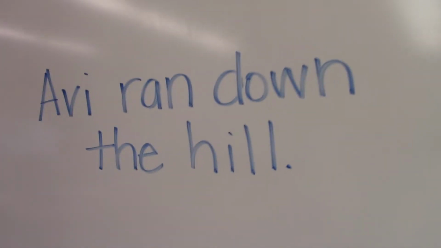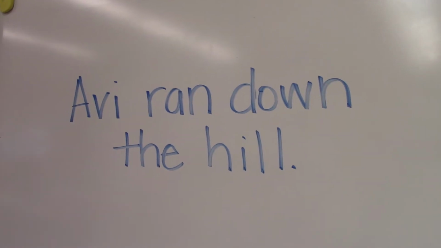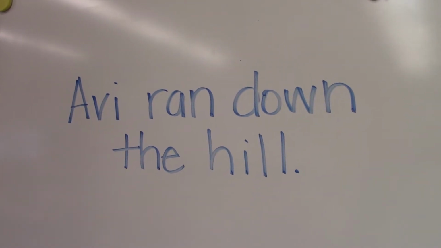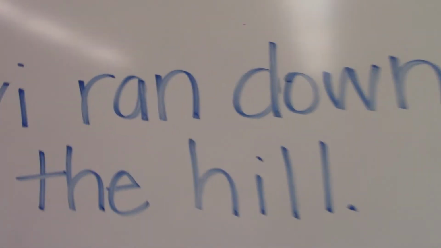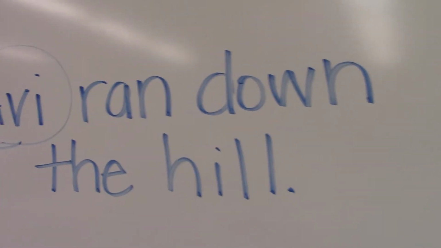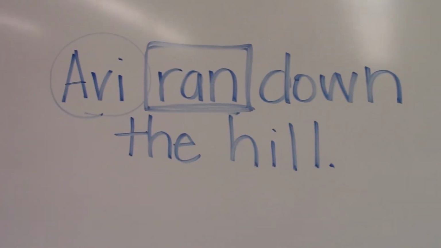AV ran down the hill. All right, here it is. AV ran down the hill. So, of course, our subject is AV. That's who it's about. And the action verb is ran. Okay, that's the action verb.